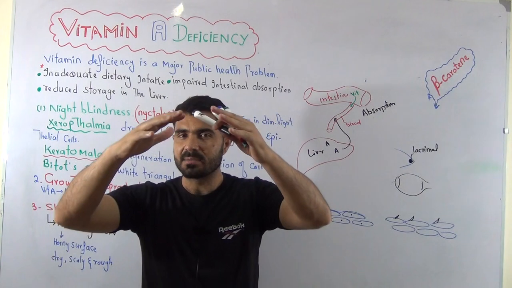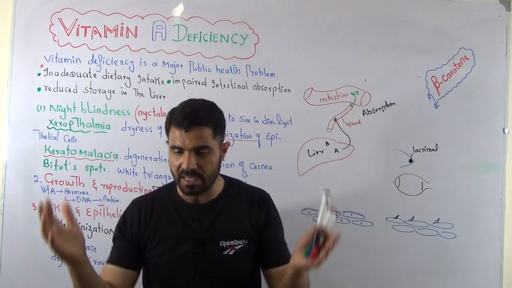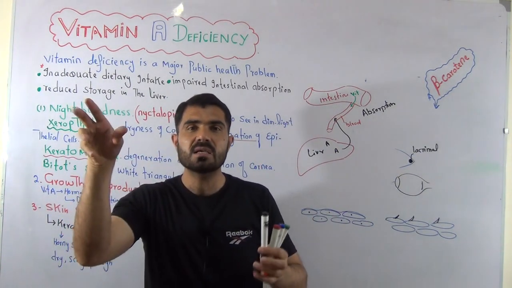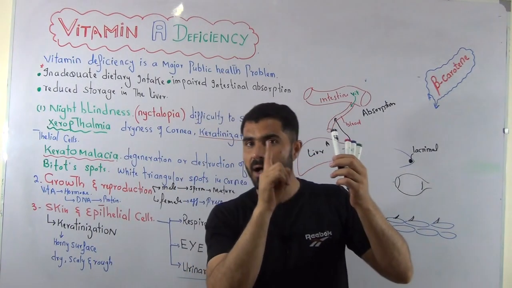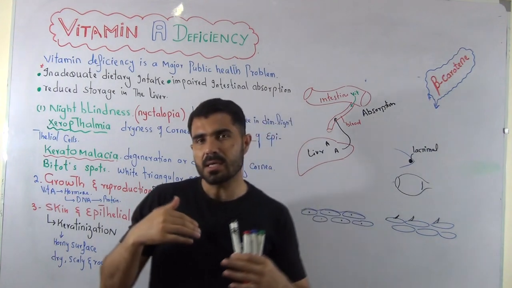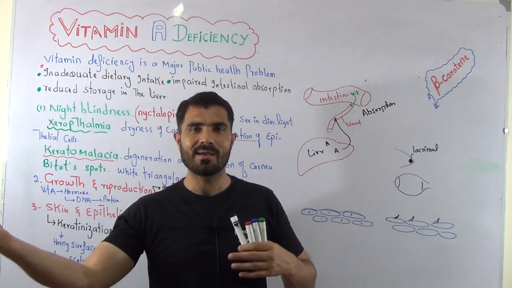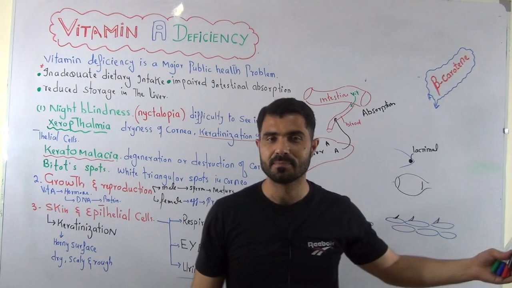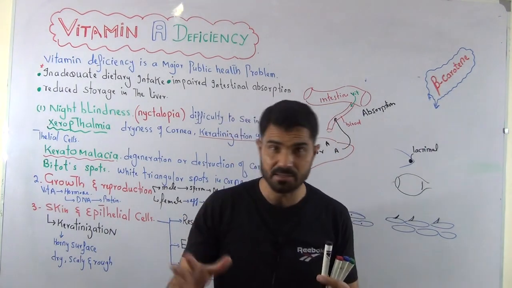Each and every thing is discussed, the mechanism of how vitamin A is involved in our eye, in seeing the objects in the day and night time. Both are discussed in detail.